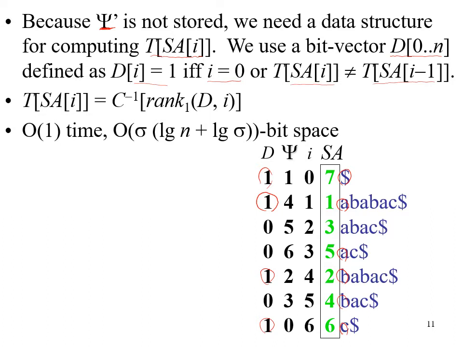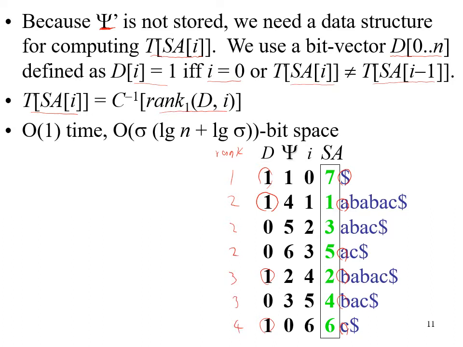Then T of SA I is computed by taking rank 1. So the rank is 1, 2, 2, 2, 3, 3, 4.